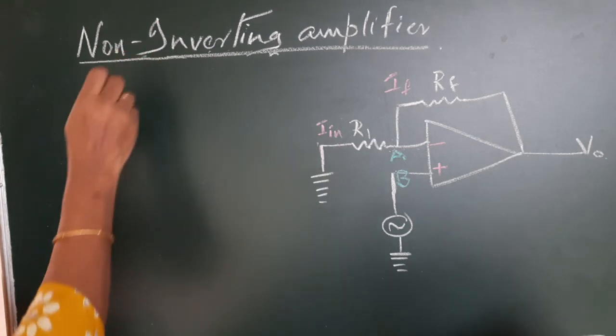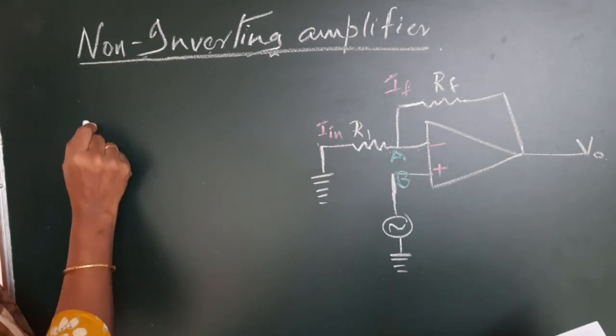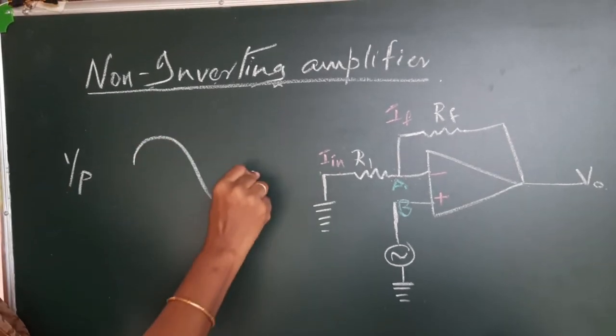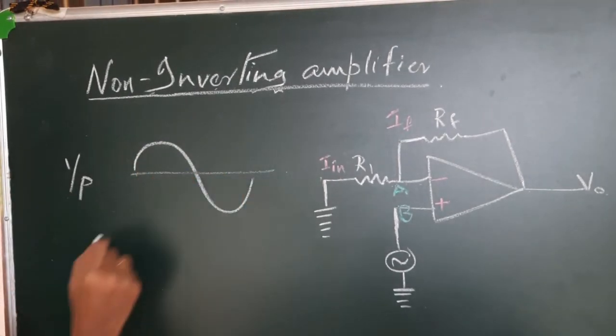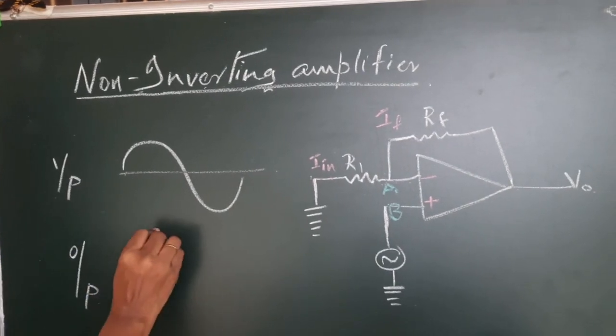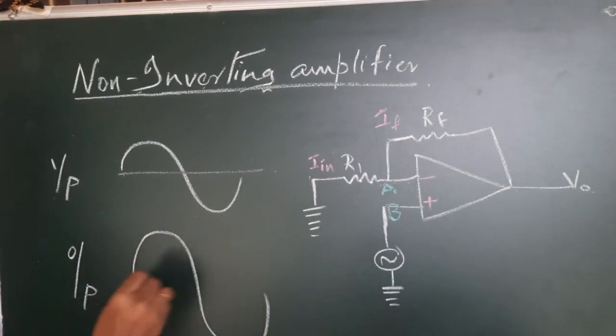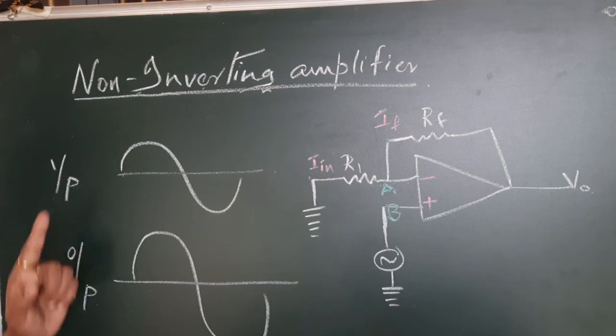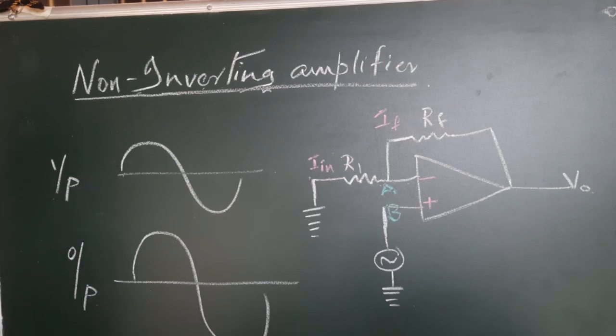As the word indicates, you can guess that if the input is represented in this manner, then the output will also be in phase with the input, of course in an amplified manner. So this is the relation between input and output. Output will be in phase with the input.